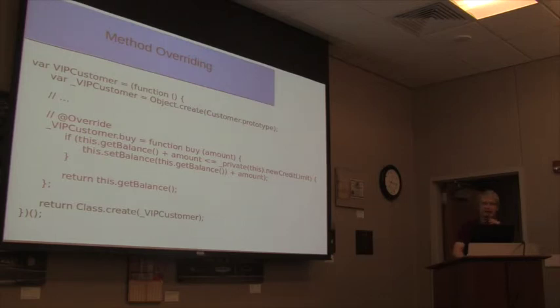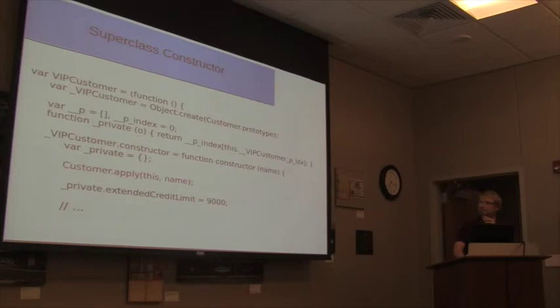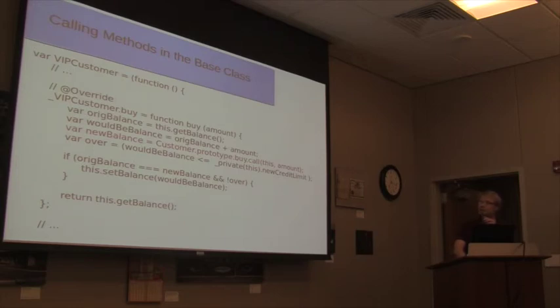You can do function overriding, just override the function by replacing it. You can call your base class constructor. You can even call overridden methods from the methods that override them.